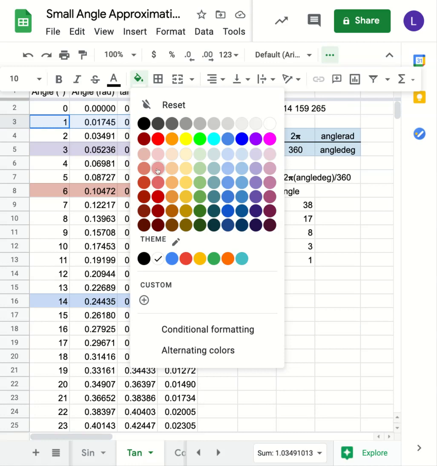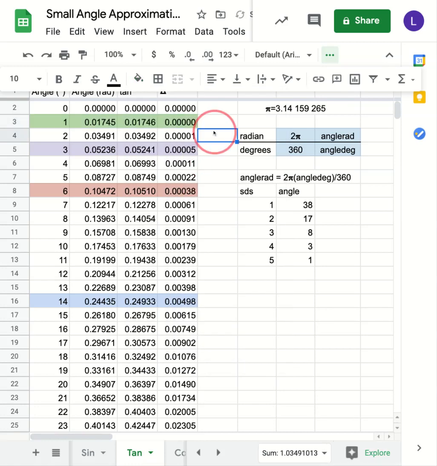So this is to the 100,000th place. Here we have just agreement to the 10,000th place.